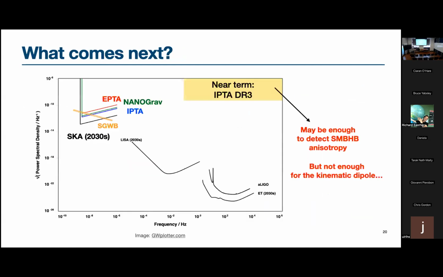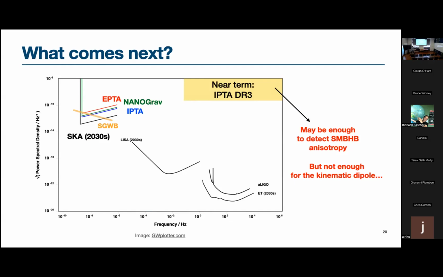What comes next for gravitational wave science with pulsar timing arrays? In the next year, it is expected that all these different collaborations will combine their data and release a joint analysis, denoted here as the IPTA DR3, the International Pulsar Timing Array Data Release 3. This data set is expected to cut into a significant chunk of the parameter space of the astrophysical anisotropy models.